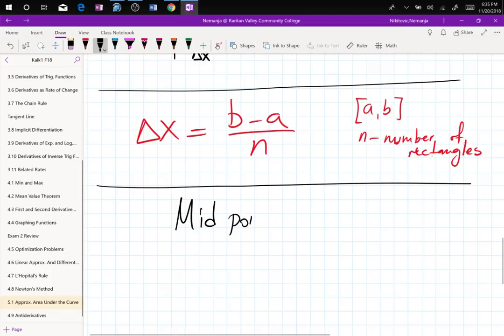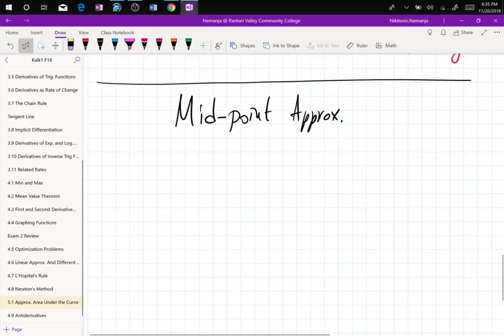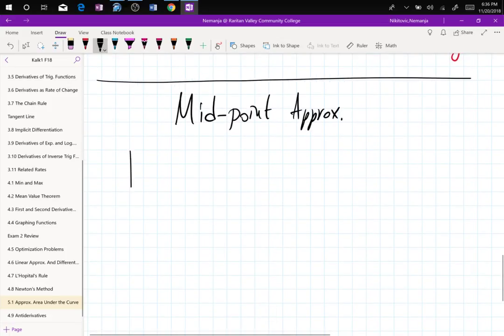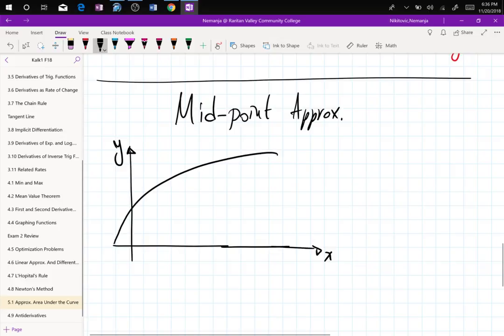Midpoint approximation. Now this is a really cool one. We have our function.